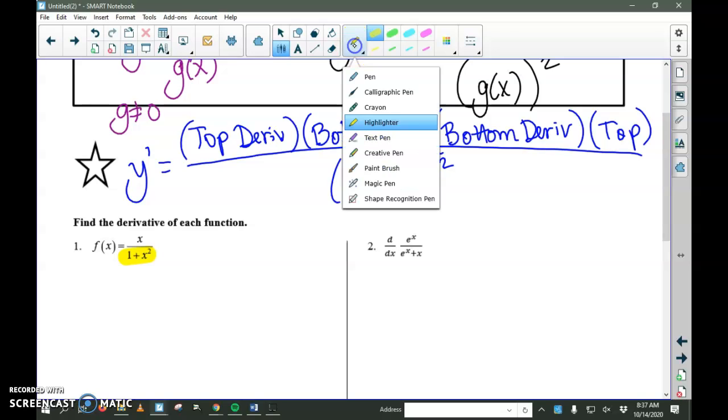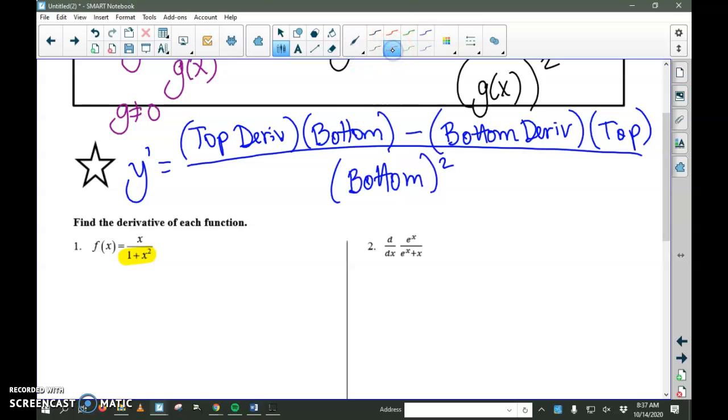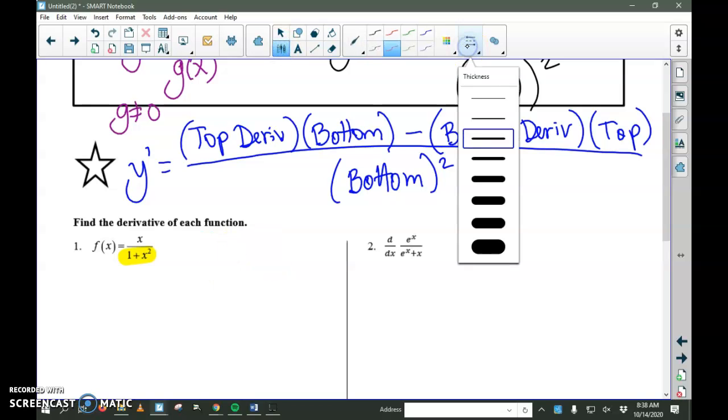I cannot, and I repeat this because this has been an issue, this does not equal x over 1 plus x over x squared. These two things are not the same. It does not work in reverse, okay? If I had a single term in the denominator and multiple terms in the numerator, if this fraction were flipped, I could then split into two fractions. But the way this is written, I cannot split into two fractions, okay? So don't even try it. All right.